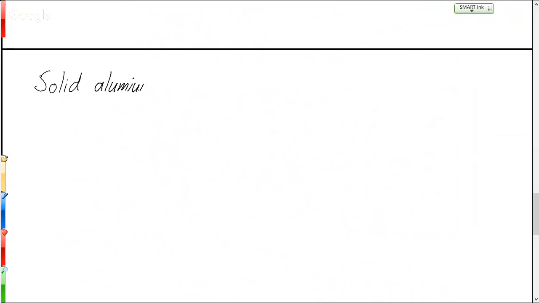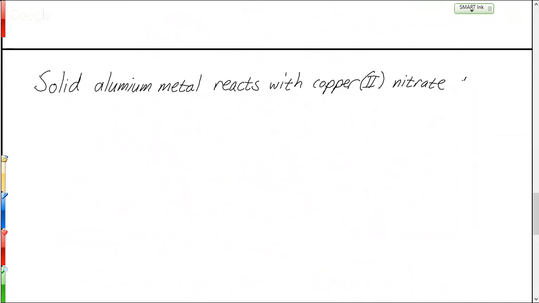Solid aluminum metal reacts with copper 2 nitrate to form aluminum nitrate and copper metal.